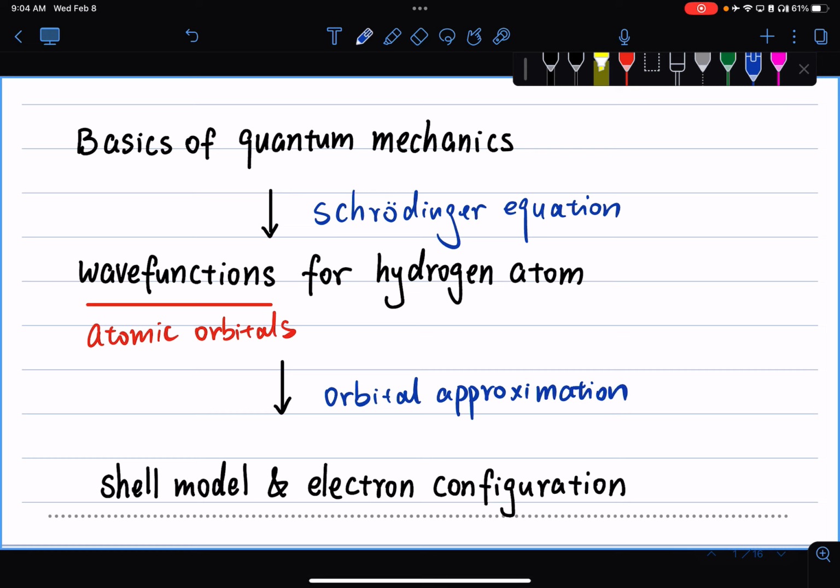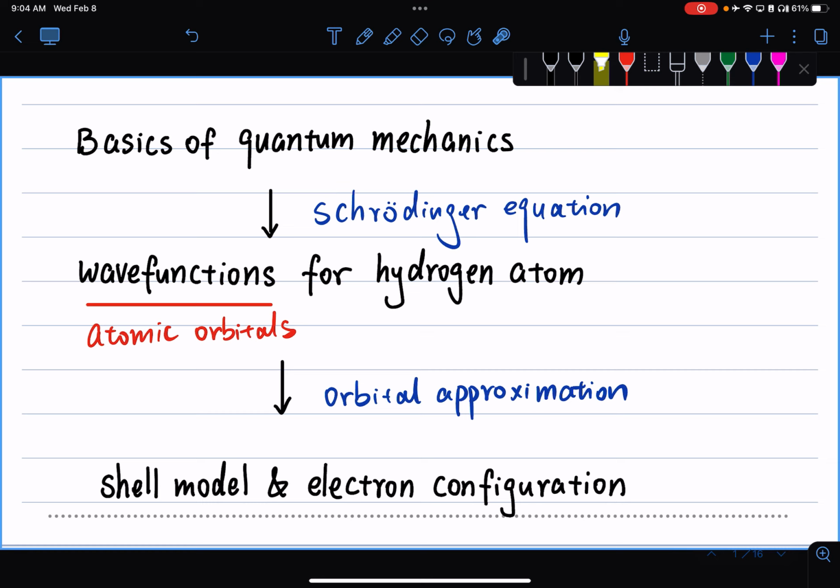In the orbital approximation, we assume that all atoms, whether multi-electron or single electron, have atomic orbital shapes, or wave functions, similar to the hydrogen atom. Then you can just fill the electrons into those hydrogen-like atomic orbitals. So for that, we end up with the shell model and electron configurations of multi-electron atoms.